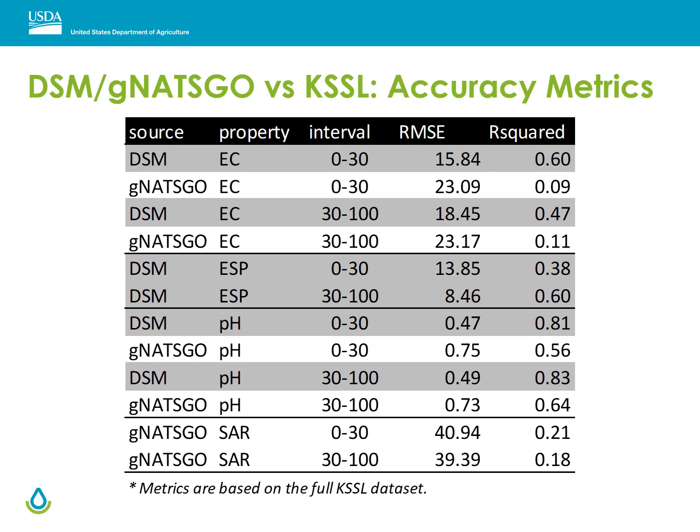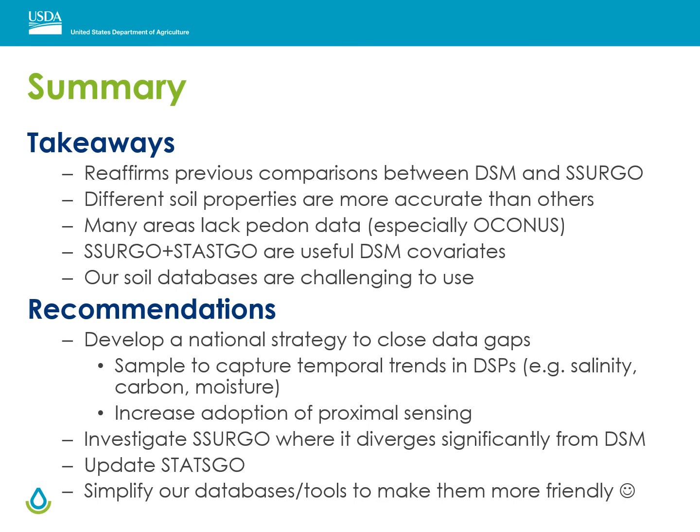So in summary, I have a few takeaways I'd like to draw your attention to and several recommendations. First point, this project reaffirms previous comparisons between DSM and SERGO, which is why the agency has been investing heavily in DSM and developing new maps using DSM. Second, some soil properties are more accurate than others.